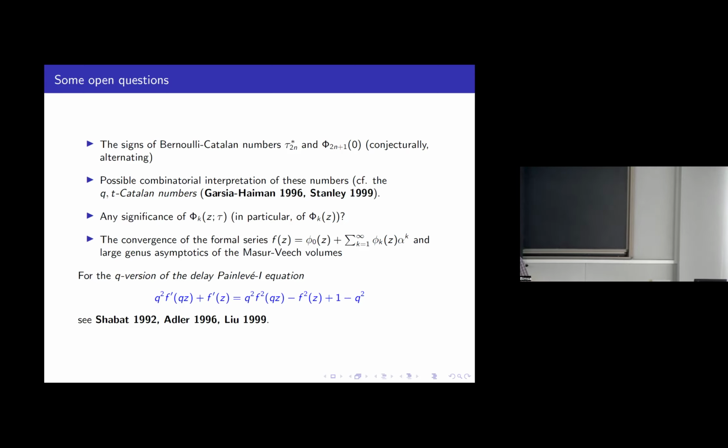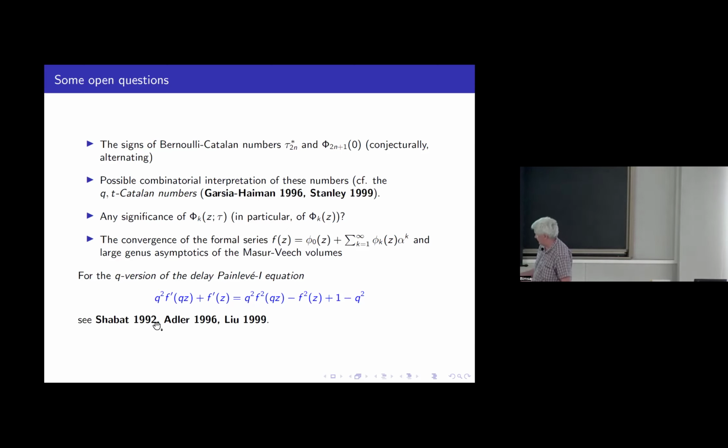And just the last thing, there is a Q version of delay Painlevé-I, and the analytic properties of this Q version were studied by Shabat for modulus Q smaller than 1. For modulus Q smaller than 1, there is analysis, especially deep in this paper by Liu.